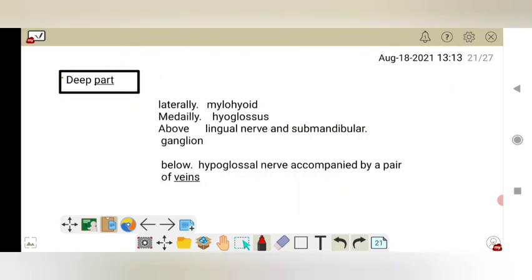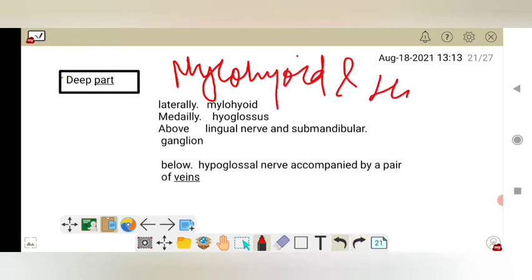Now deep part extends forward in between the mylohyoid and hyoglossus muscle, up to the posterior end of the sublingual salivary gland.